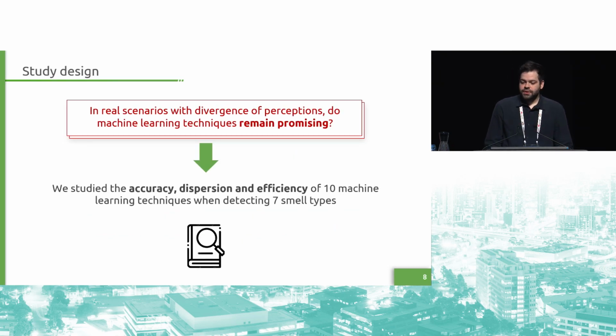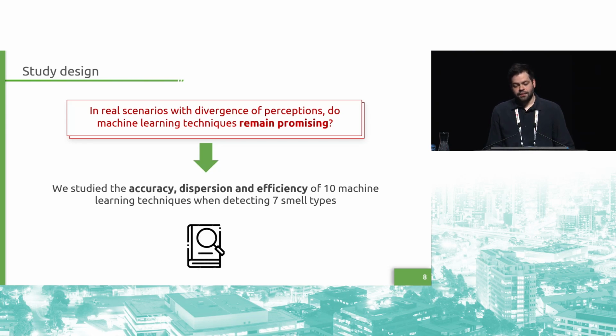In order to answer this question and fill this gap in the literature, we studied the accuracy, dispersion, and efficiency of 10 machine learning techniques when detecting 7 different smell types in a scenario of different perceptions of developers. A high accuracy indicates that the technique is able to properly detect the code smell instance. A high dispersion indicates that the technique is more affected by the different perceptions of the developers.